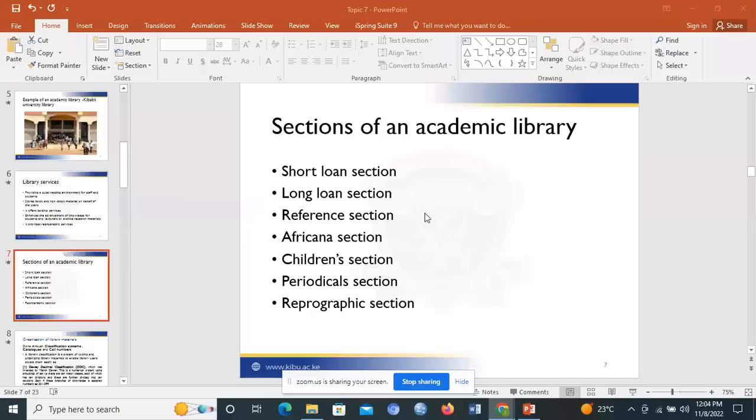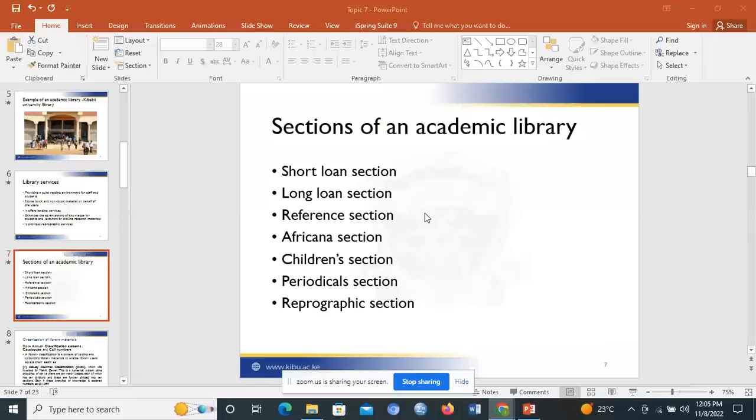And usually this is in agreement with the library procedures. So I'm sure you were taken through this information when you reported, in the course of your orientation. You were told that there's some materials which you can only borrow overnight. These are found in the short loan section.